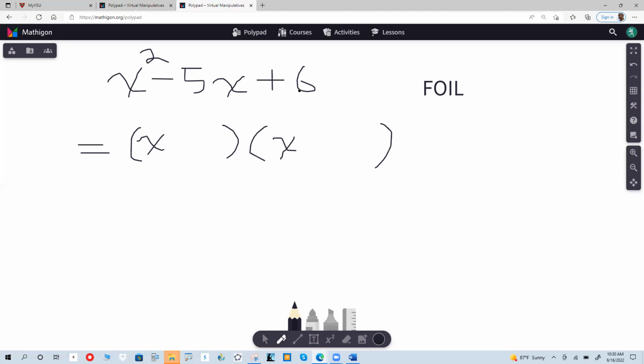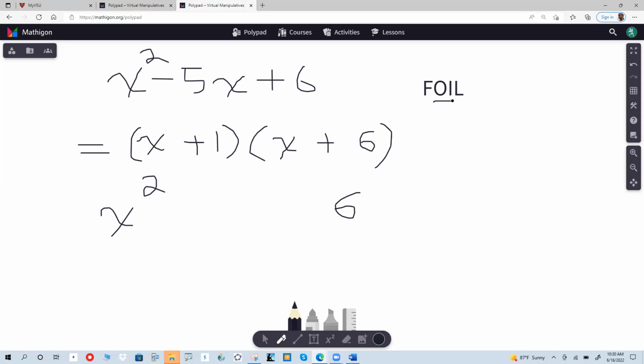Those are my 2 choices. Let's say this 6 came from 1 times 6. I know it's not, but I'm going to write 1 here and 6 here. So I know my first terms are going to give me x squared. My last terms, if this is plus, will give me 6. So far, so good.